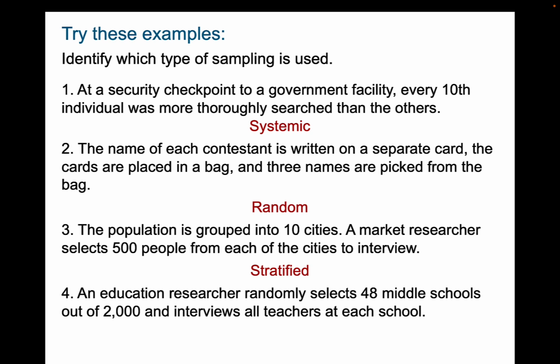Last one, an education researcher randomly selects 48 middle schools out of 2,000 and interviews all of the teachers at each of those 48 middle schools. Look back, think about this. Is it convenience sampling, systematic, random, stratified, or cluster?